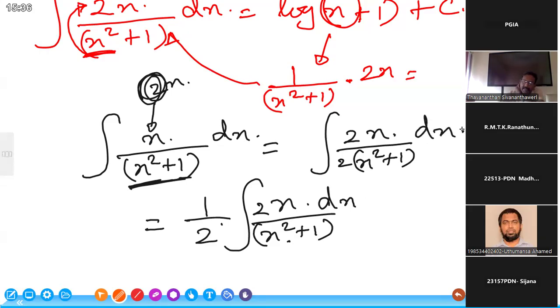Can I write like this? I didn't change the structure. I have taken the 1 over 2, which is a constant, in front of the integral sign.